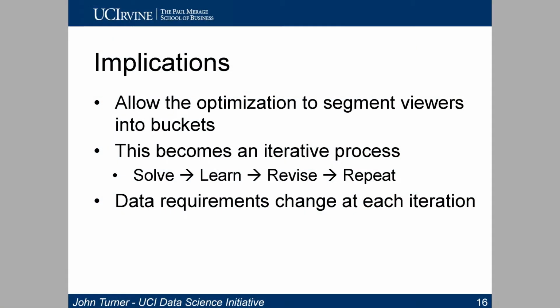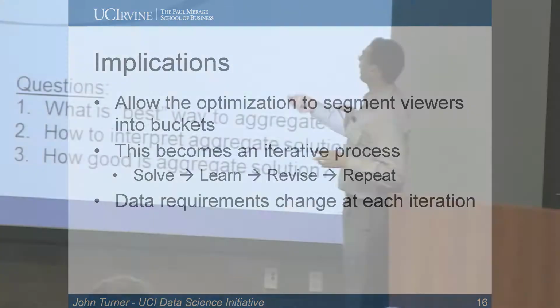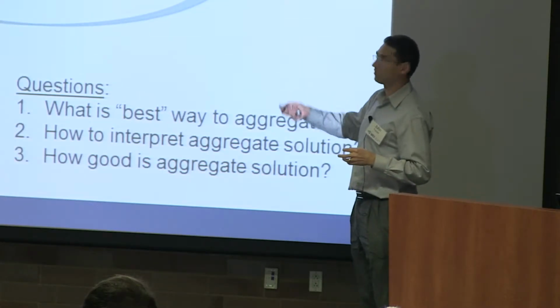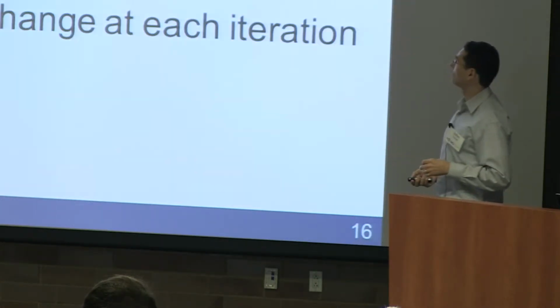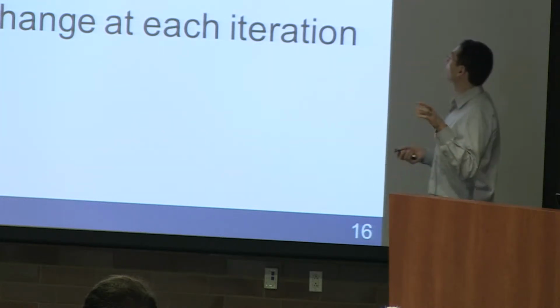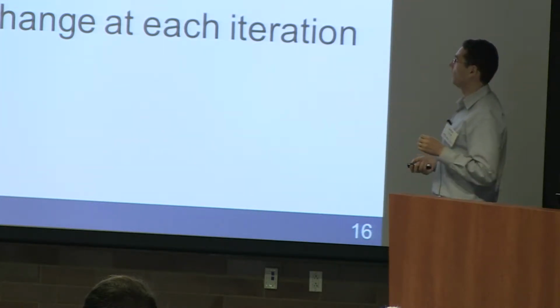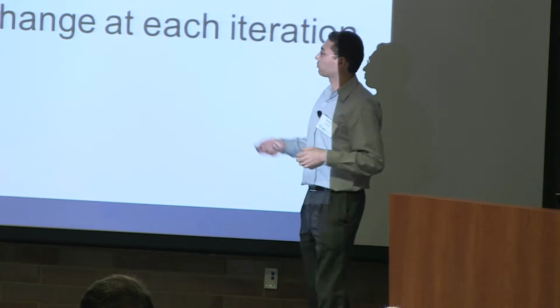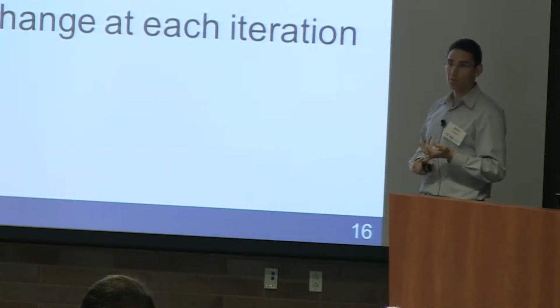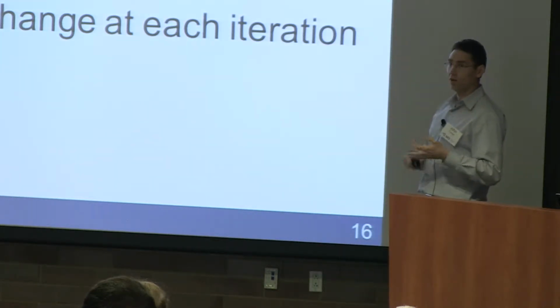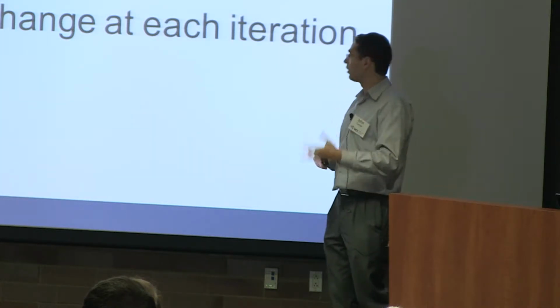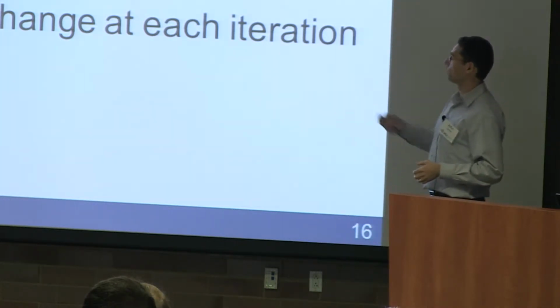The key here, of course, is not to choose manually how to aggregate your viewers into buckets, but rather to allow the optimization to segment the viewers. Okay? And so we end up with an iterative process where you solve the problem, you learn something about the solution, you revise your instance, and then you repeat.